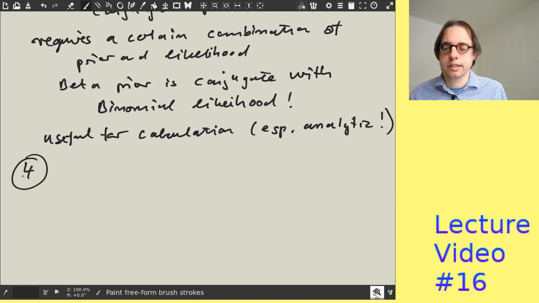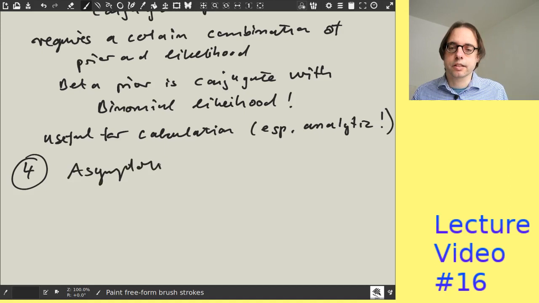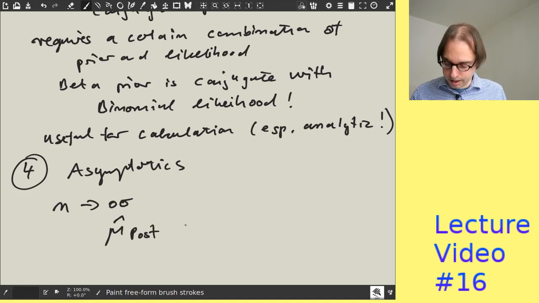So the next thing is, let's look at the asymptotics. We've already looked a little bit at the asymptotics. We know that if n is going to infinity, mu post, now I write a hat because it's an estimator, becomes asymptotically the mu maximum likelihood.